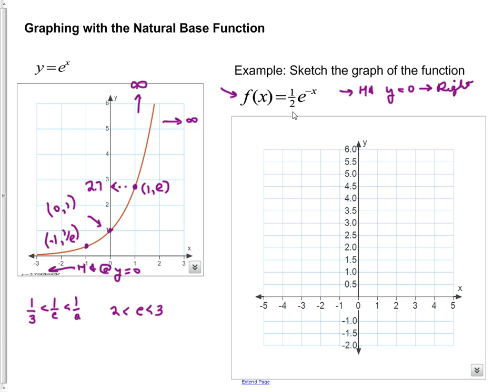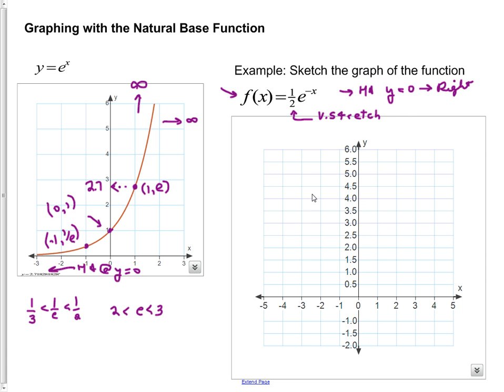The other thing we're going to notice is that this 1/2 is a vertical stretch or shrink of the e to the x graph by a factor of 1/2.